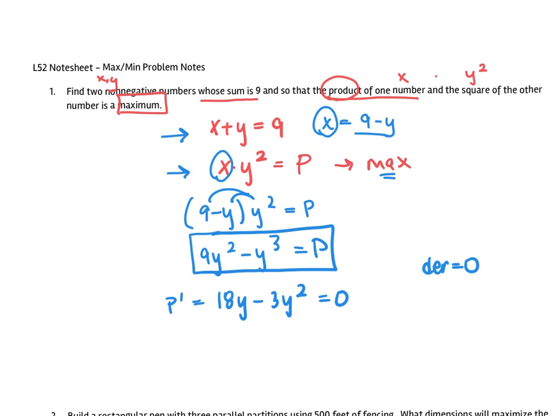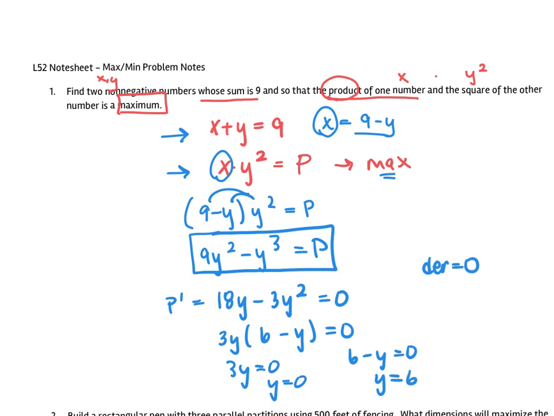So I'm going to factor out a 3y, and in doing so I get 6 minus y, and that's equal to 0. Now I'm going to set each part equal to 0. So 3y equals 0 gives y equals 0. And 6 minus y equals 0 gives y equals 6.